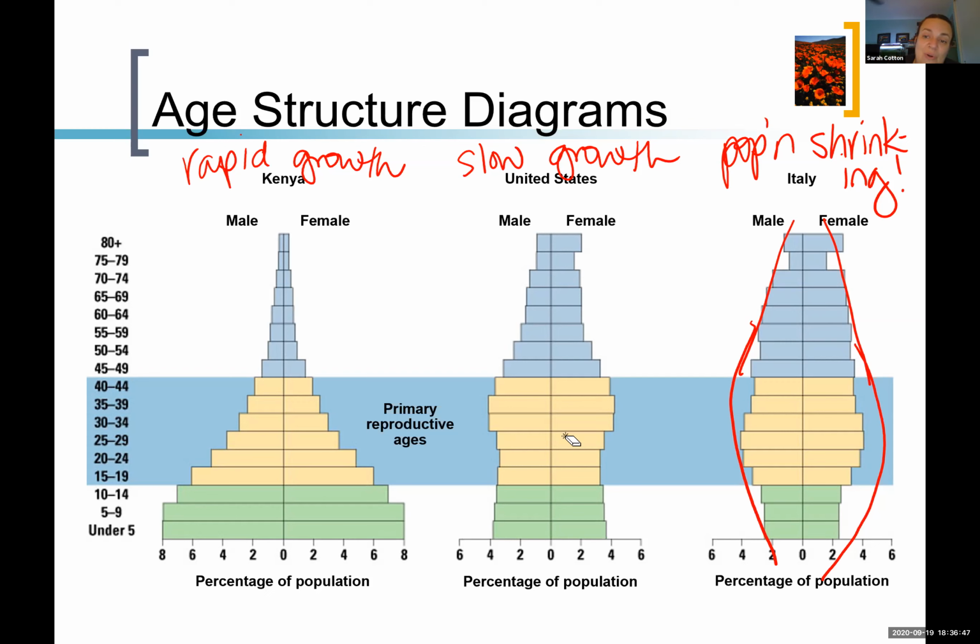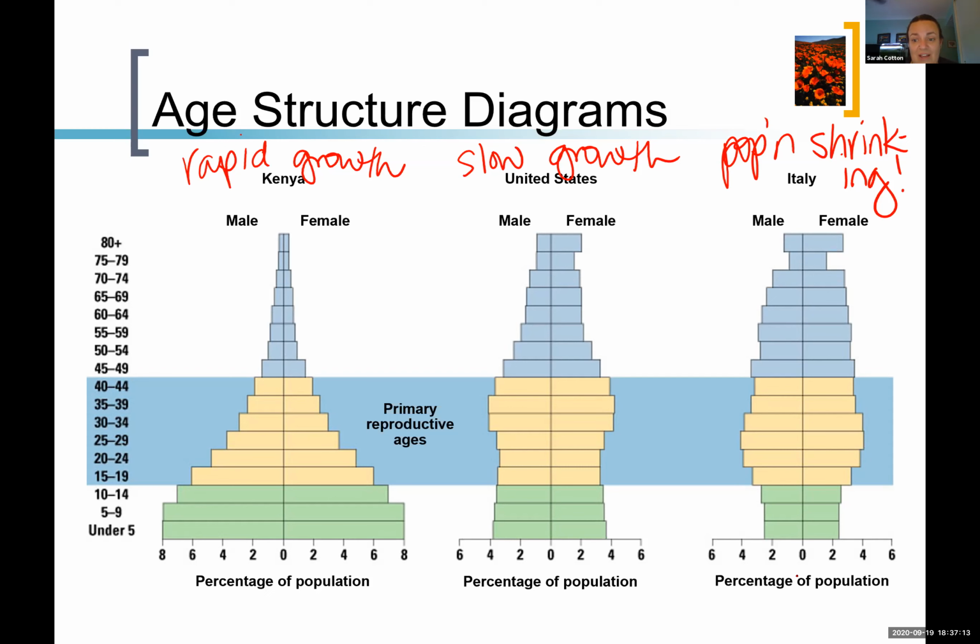And so in places where this is happening, in places like Italy and other European countries, and Japan is another place where this is happening, the government actually pays people to have kids. They're actually like, please, please, please have kids. We'll just pay you $3,000 to have a baby, right? And we'll give you free childcare, and we'll do whatever, right?